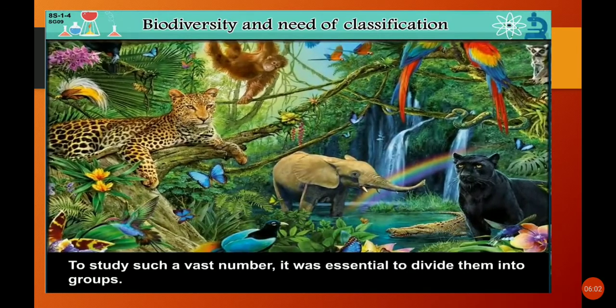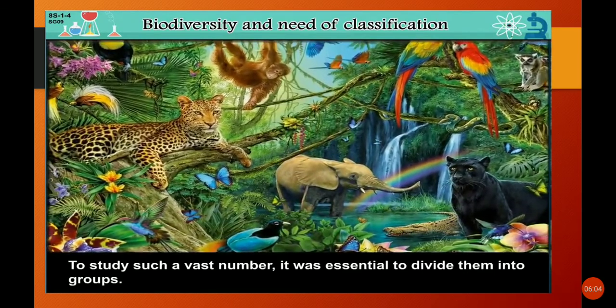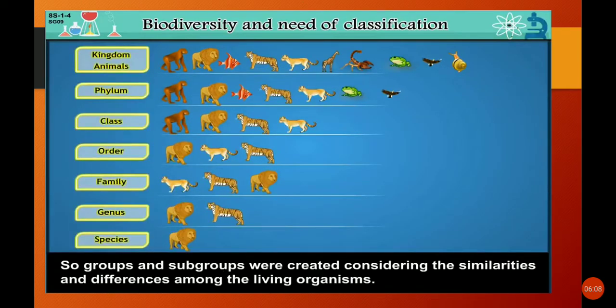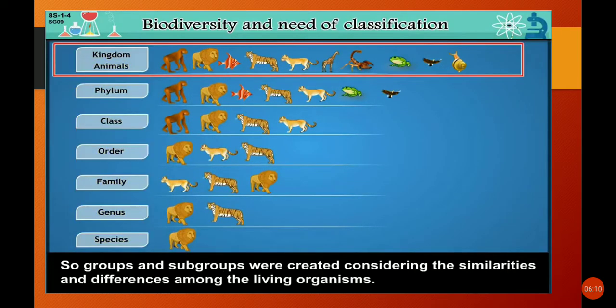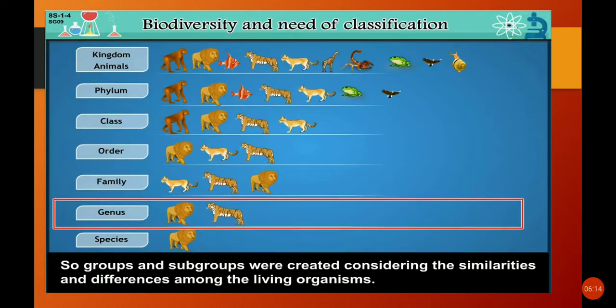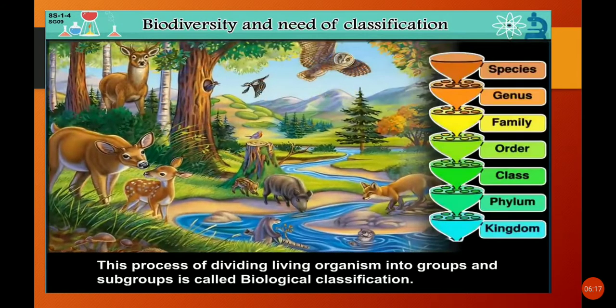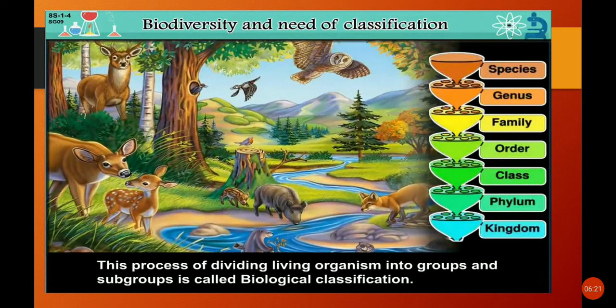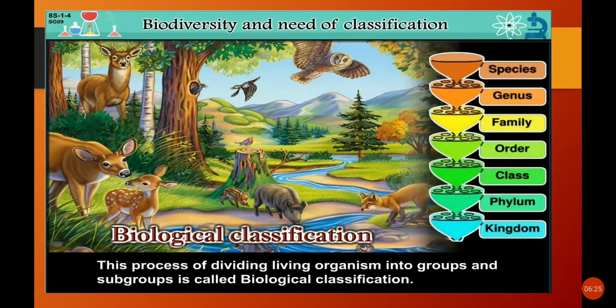To study such a vast number, it was essential to divide them into groups. So groups and subgroups were created, considering the similarities and differences among living organisms. This process of dividing living organisms into groups and subgroups is called biological classification.